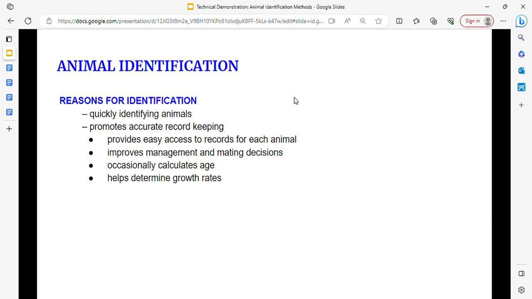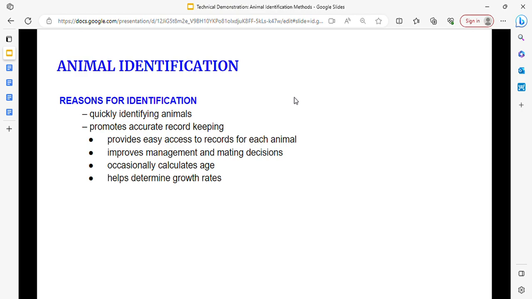Okay, some more reasons for identification: quickly identifying animals. It promotes accurate record keeping. It provides easy access to records for each animal. It improves management and mating decisions. So obviously, horse breeders are going to want to know who the sire was, and all that.